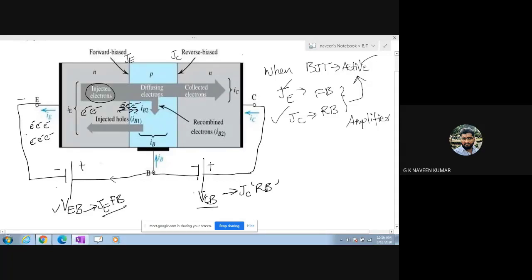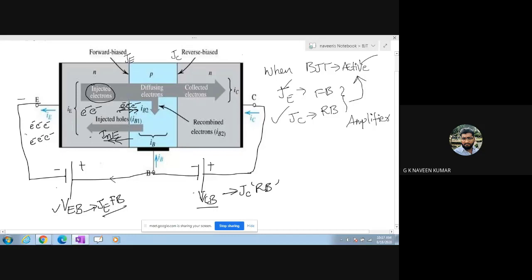If the electrons are flowing like this, then a current will be flowing here. What is that current? The current that is due to the electrons from N region. So the current that is flowing will be INE.